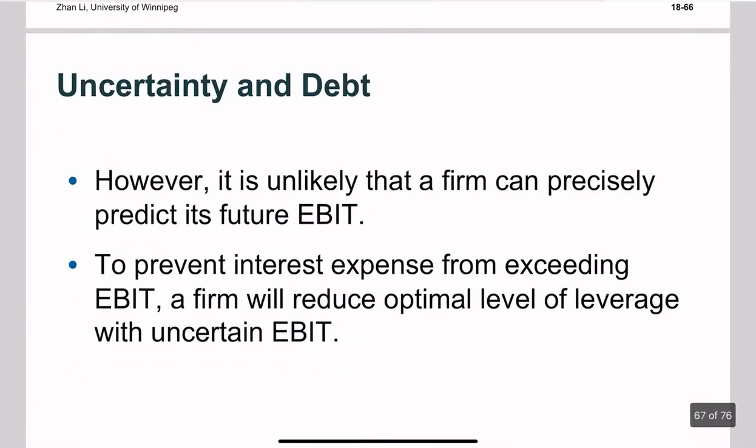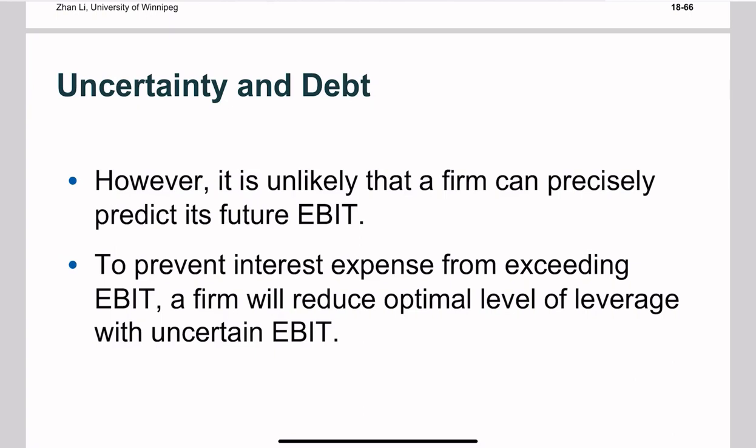Now, there is another factor which would further reduce the amount of debt the firm will want to use. So this factor is uncertainty. The idea is like this.